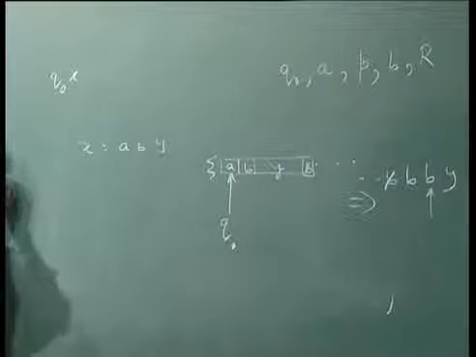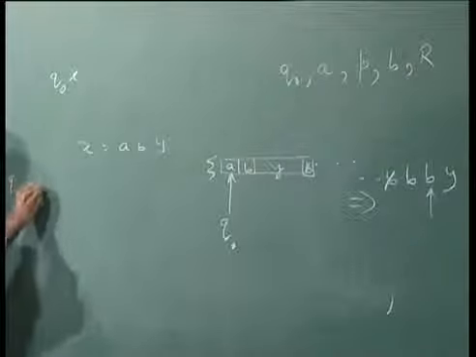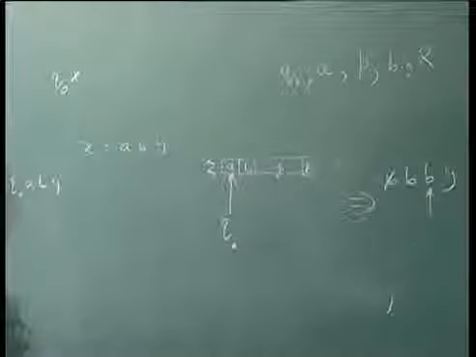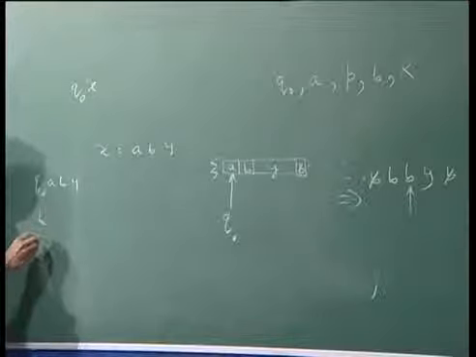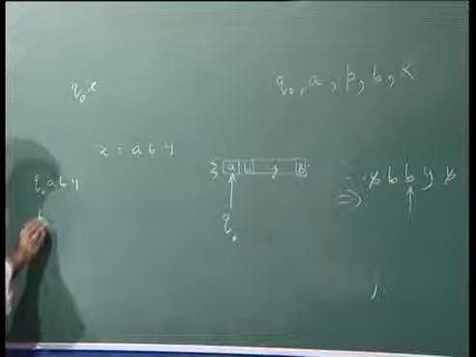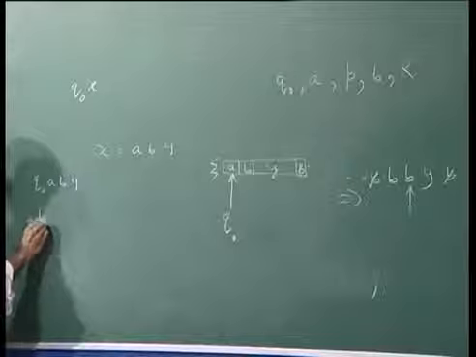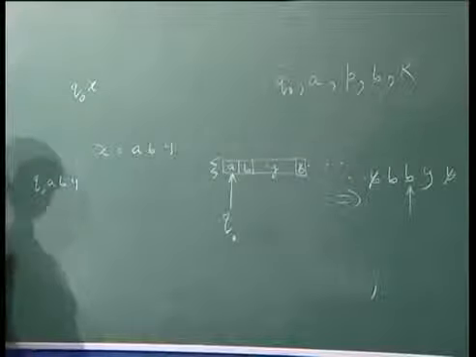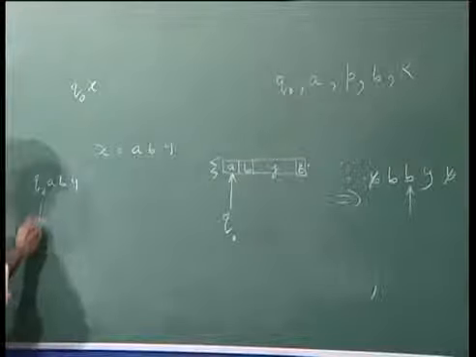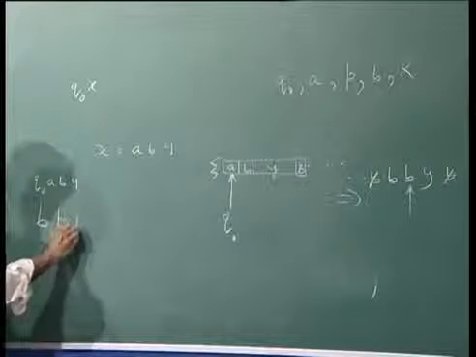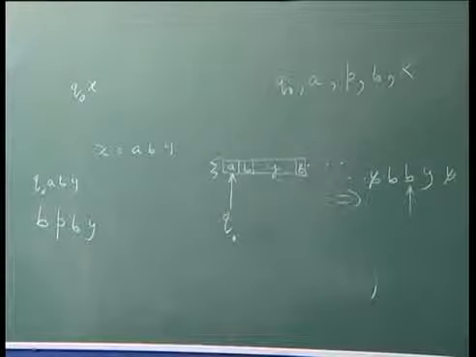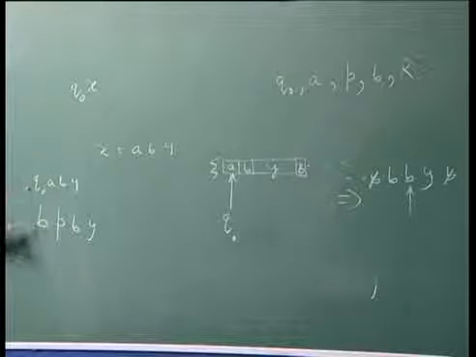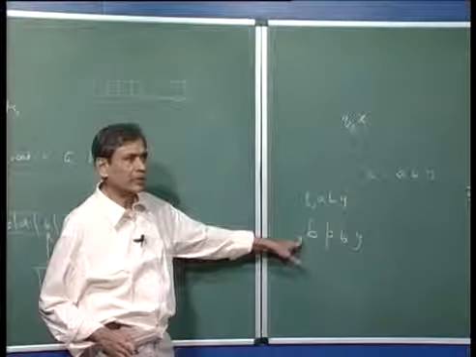Initially, my configuration was Q0 A B Y, and in one step the configuration became B P B Y, right. So, from this configuration we are getting this particular configuration.